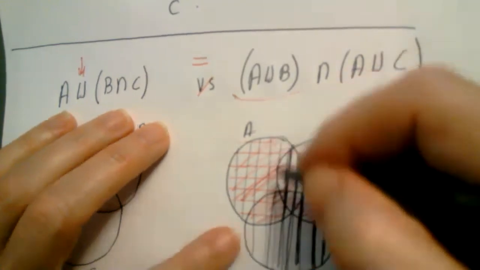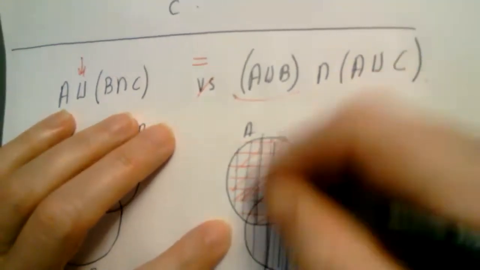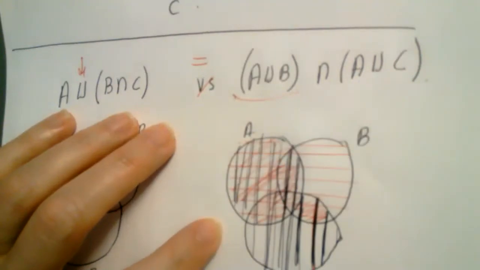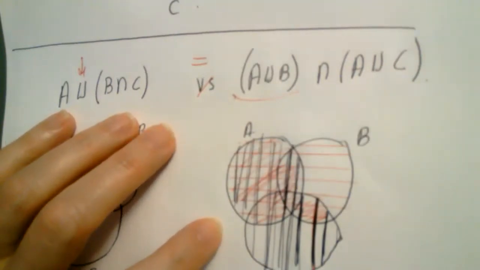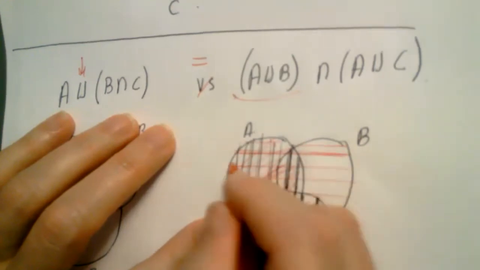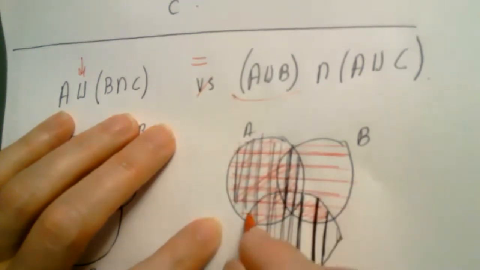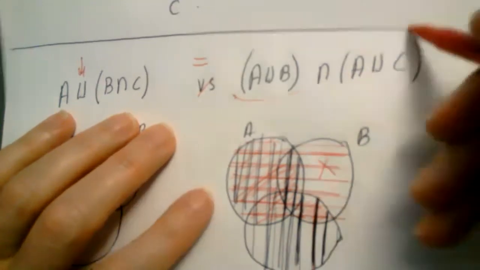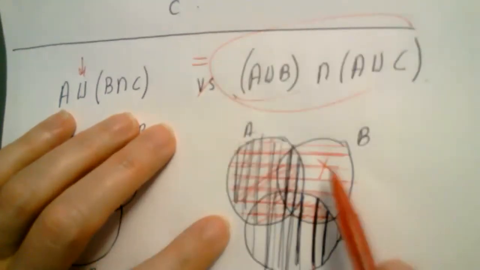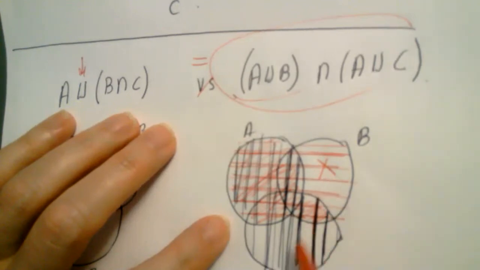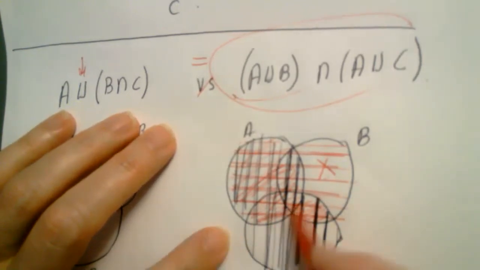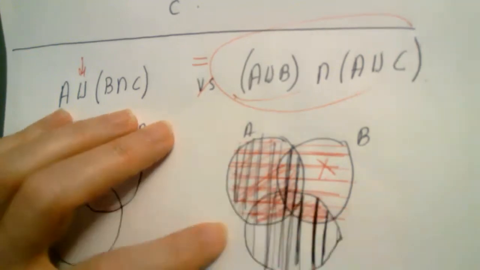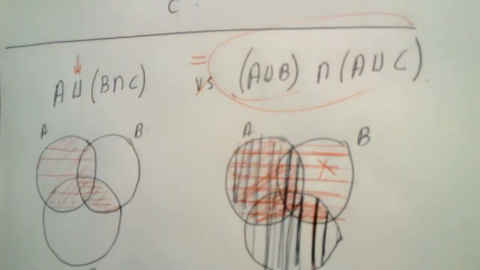So all this is A union C. However, A union B is everything here. So this piece is not in the set because it's not shaded twice, but all those are shaded twice. All those will be the intersection. Is it making any sense to you, Logan? Just write in the chat yes or no.